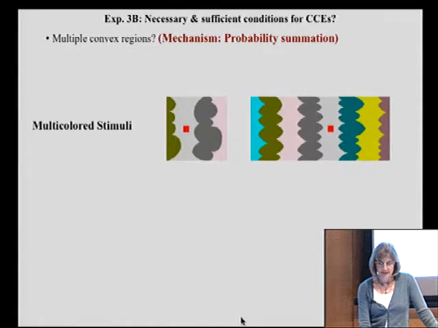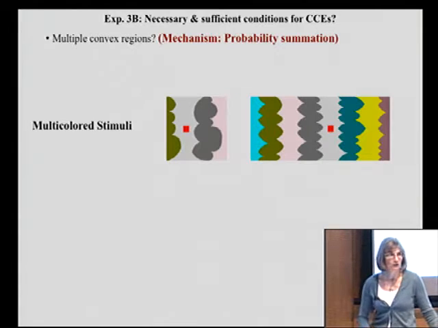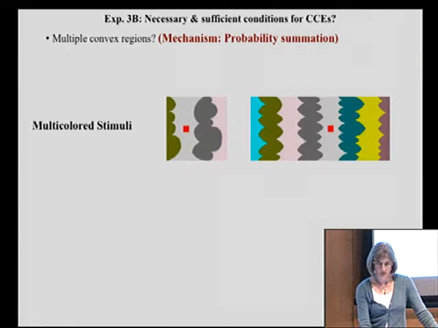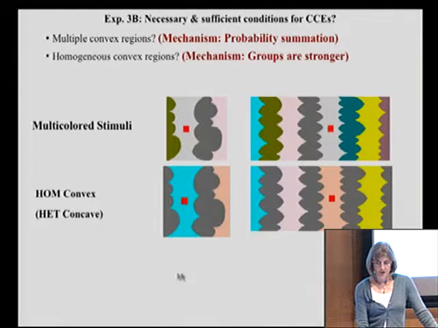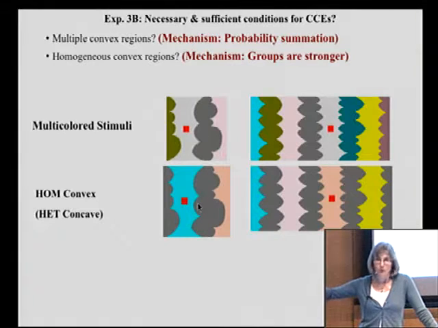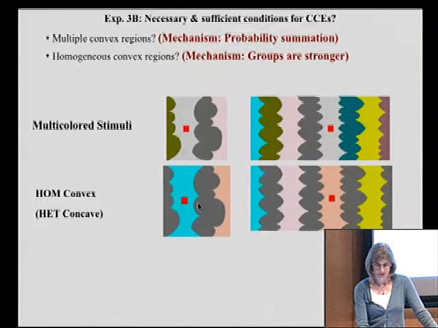We asked, do we get the same effects with multicolored stimuli? There's always a contrast edge between the convex regions and the concave regions. But here, no 2 of the convex regions are the same color, nor are any 2 of the concave regions. Those are our multicolored stimuli. We also ran a condition where all the convex regions were the same color, and the concave regions were different colors, to ask whether the uniformity, the grouping together of those convex regions, was what caused the context effects.